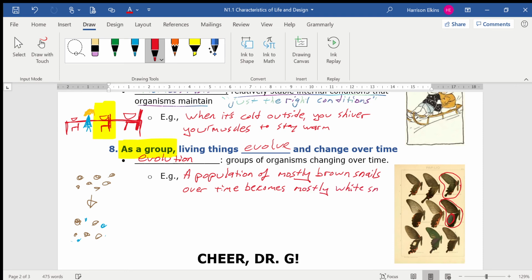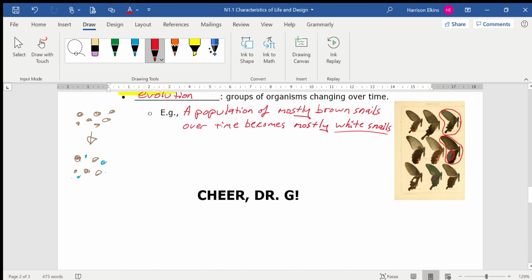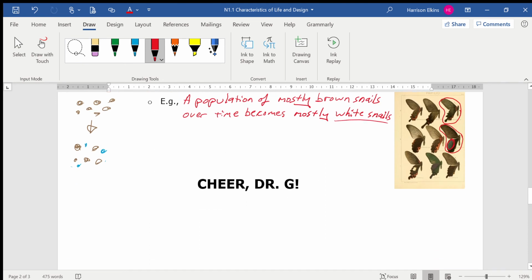So if 100 years ago we had mostly brown snails, now today we have a lot of white snails. That's a population changing over time because maybe being white allows you to camouflage with the white rocks or something like that. So it's beneficial.